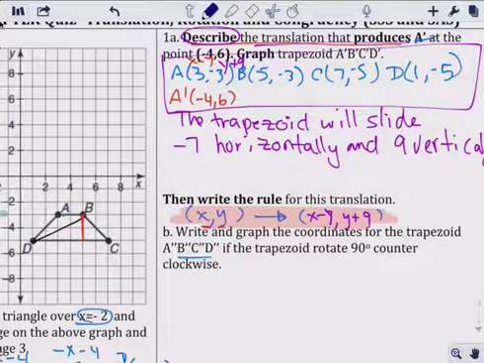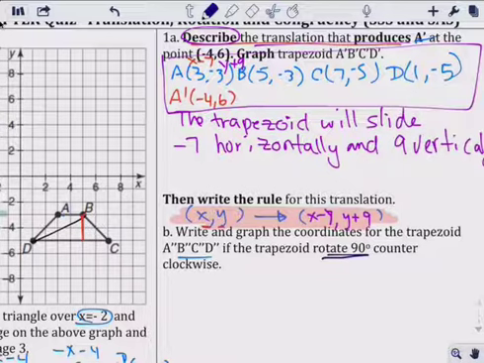Okay, here we are. Graph the coordinates for the trapezoid A double prime, B double prime, C double prime, and D double prime.